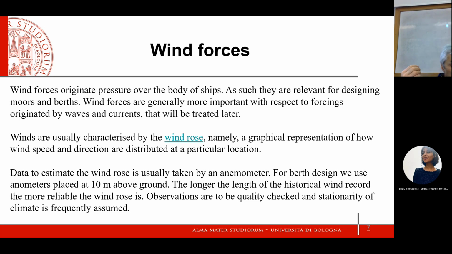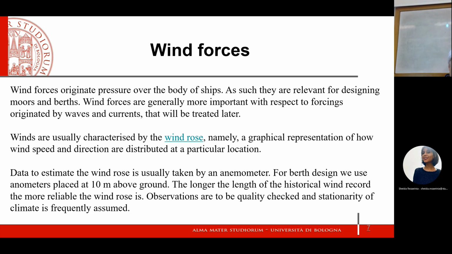In general, we refer to wind data that are recorded at a distance of 10 meters with respect to the zero level, to the sea level, above ground, let's say. Ground is generally a couple of meters above the sea level. And so the requirement is that the anemometer is placed 10 meters above ground.